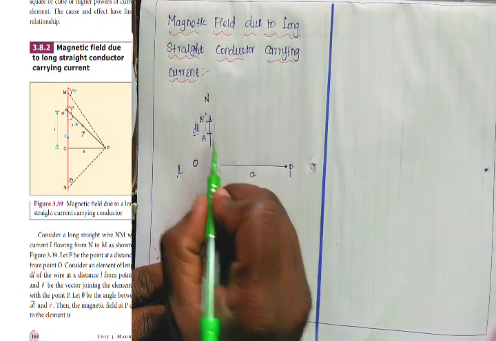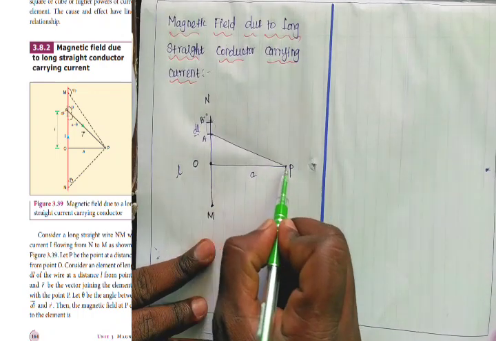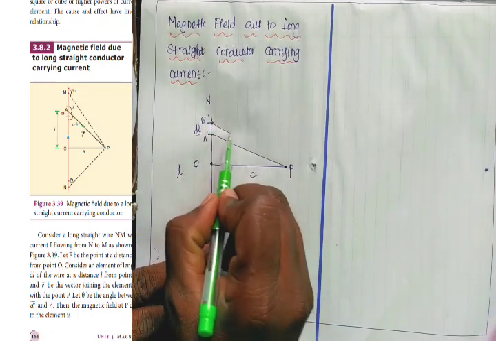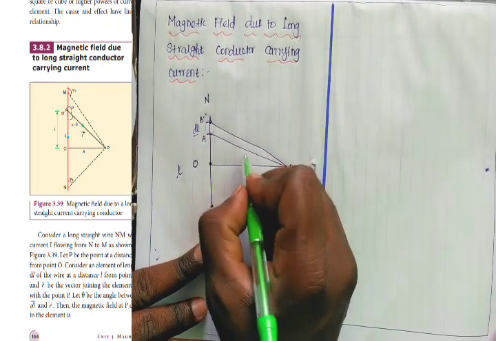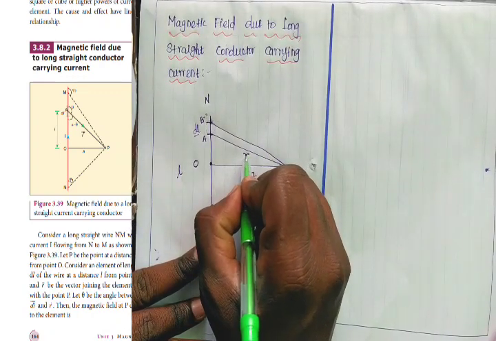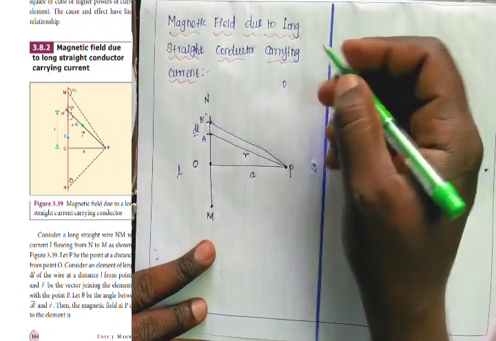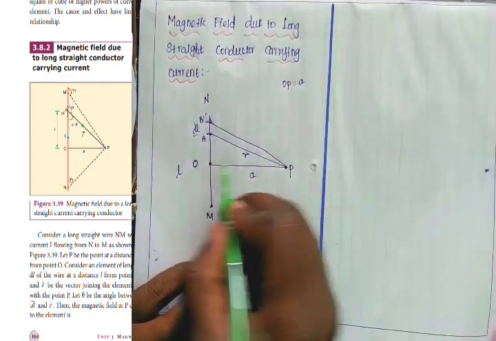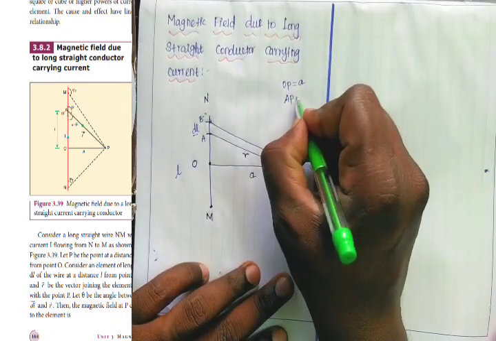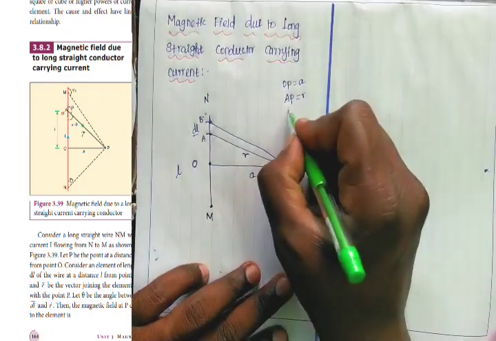Next connect A and P. So this is a, and this one is r. The distance O to B is equal to a. Next A to P is equal to r.